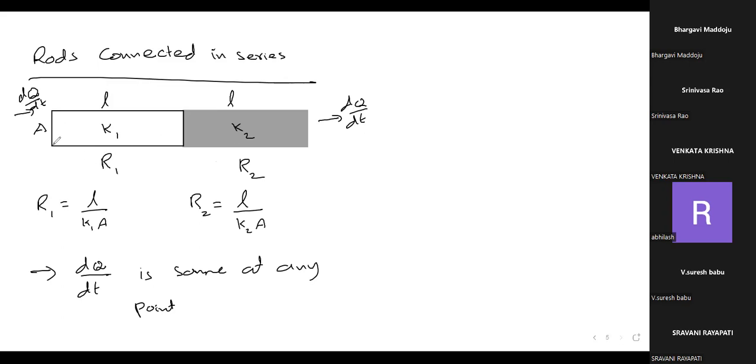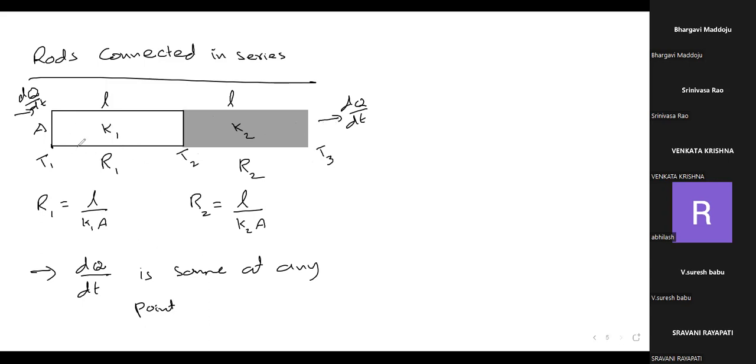Now, suppose here the temperature is T1, then T2, then T3. When two different rods are there, the temperature gradient will be different in the first rod and in the second rod, but the rate of heat flow will be the same.